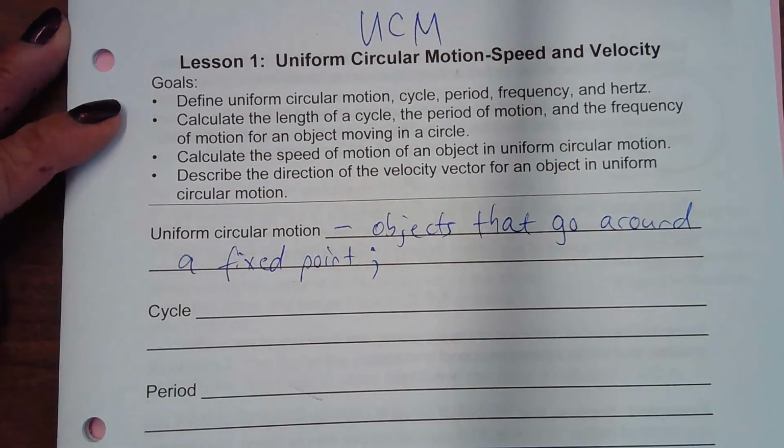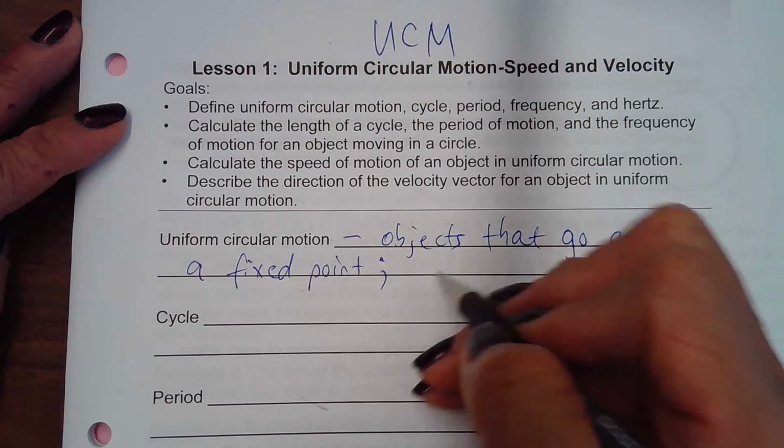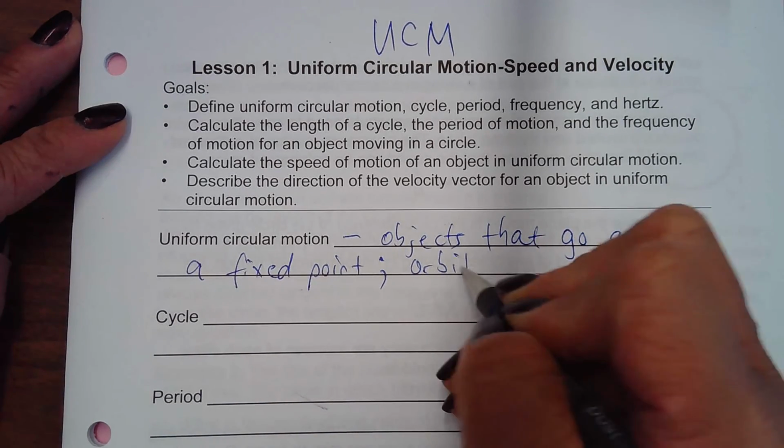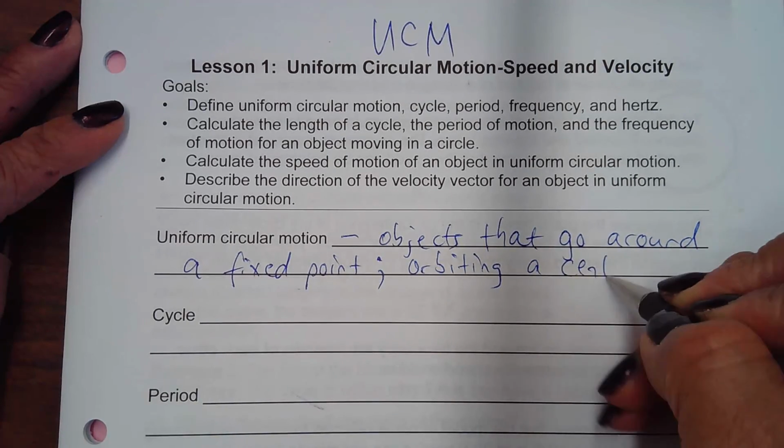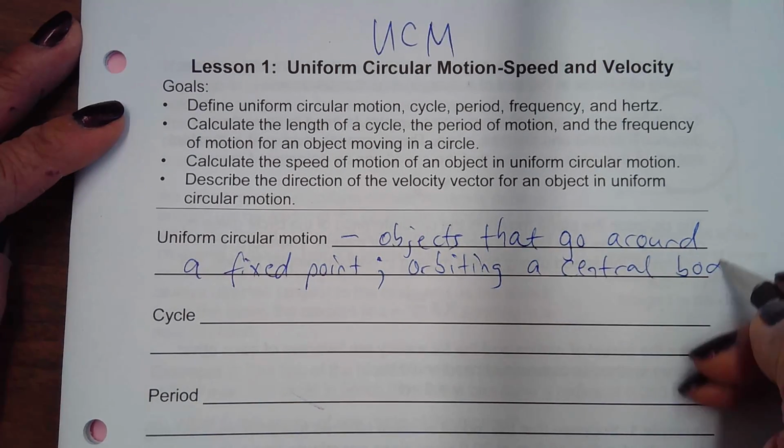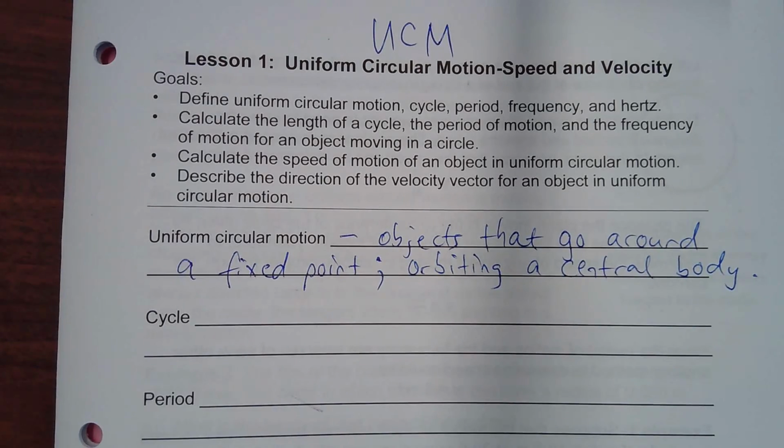It can also be dealing with objects that are orbiting a central body. So we're going to be dealing with two kinds of spinning things, objects that are going around in circles.